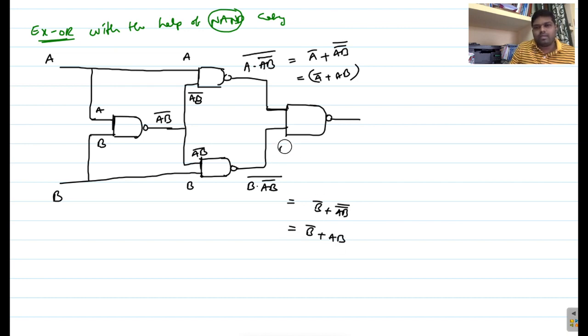So here the input is what? B bar plus AB. Now these two are connected to this last NAND gate. Then you will get A bar plus AB into B bar plus AB whole bar. Okay. Now if you simplify based on the complementary theorem, what you will get?